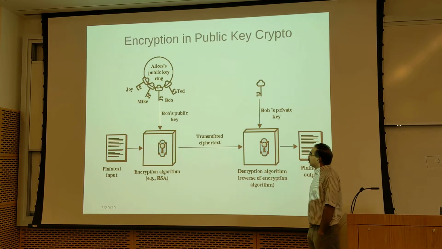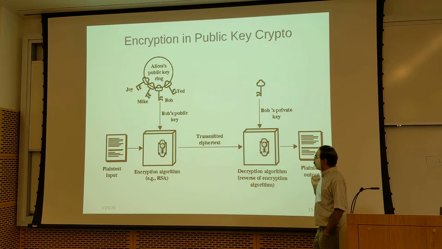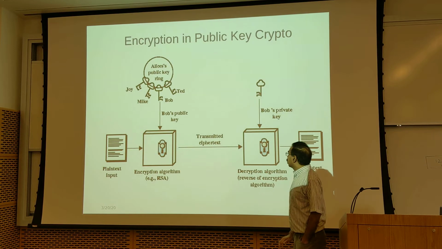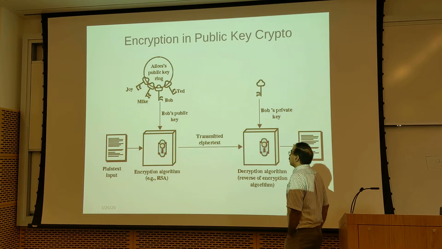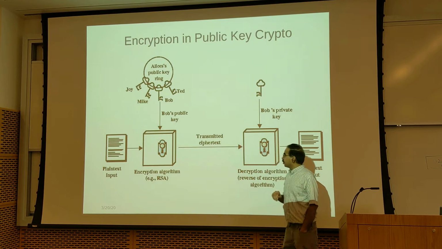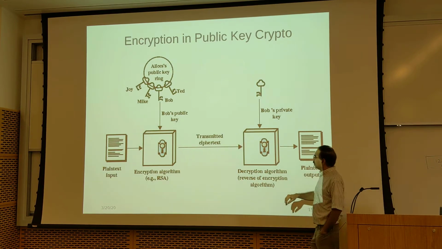What it shows is that each principal, or user as you may want to think about, has a pair of keys. One is the public key and the other is the private key. So if I want to send a message to Bob, then I'm going to pick Bob's public key, encrypt the message using Bob's public key, and transmit it.